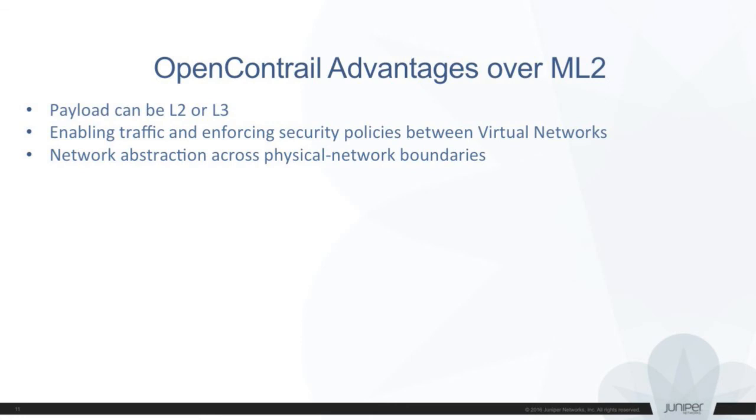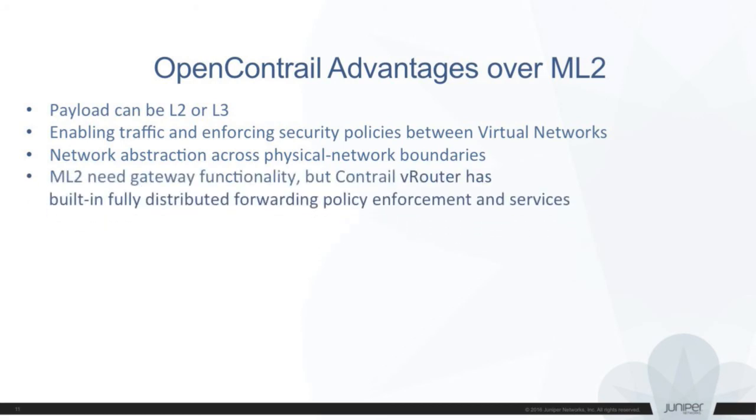And you also eliminate the need for a router. ML2 needs a gateway functionality, but with the Contrail vRouter architecture, it has built-in, fully distributed forwarding, policy enforcement, and services that help you eliminate the external router.